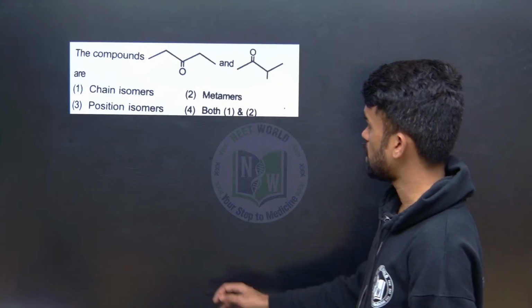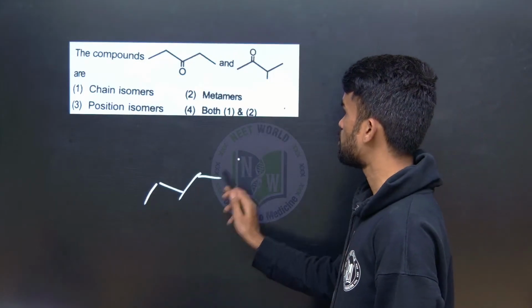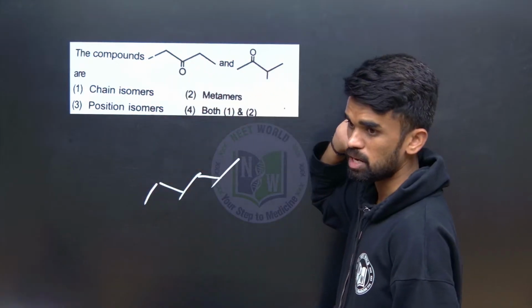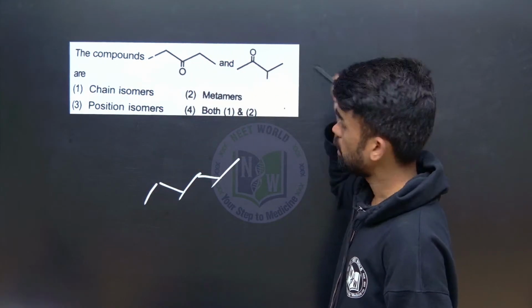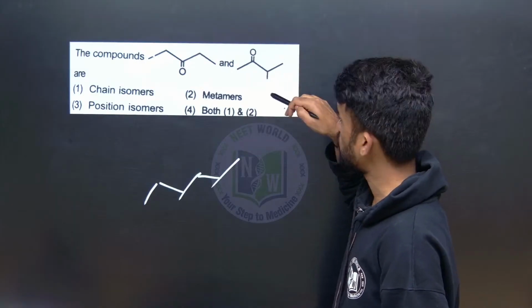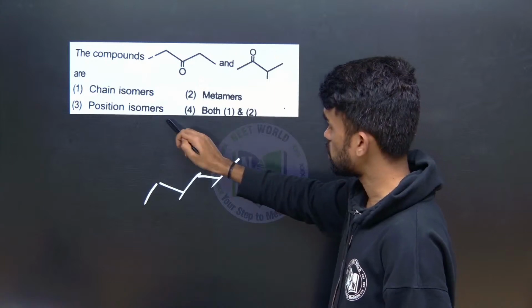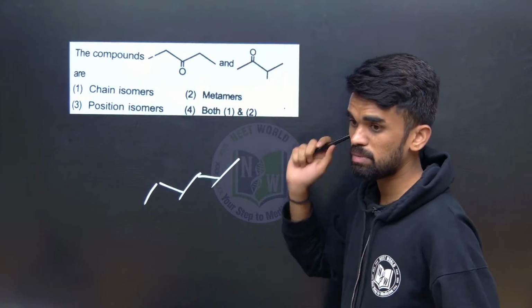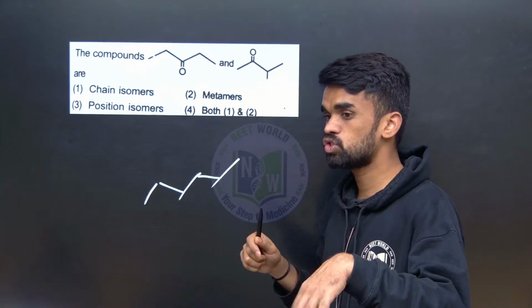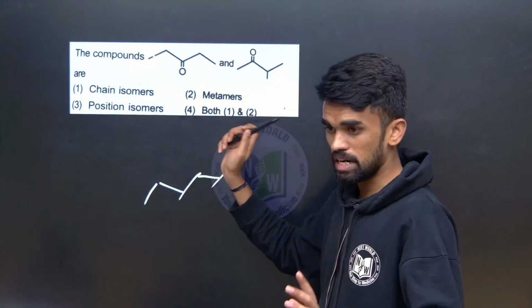See, position means the number of carbons in the parent chain should be the same. How many are there in the parent chain in the first compound? 5. In this 4. Parent chain number of carbons are not the same, so we cannot go with position here. Position means parent chain carbons should be the same, but the position of substituents should be different. But that is not happening here.